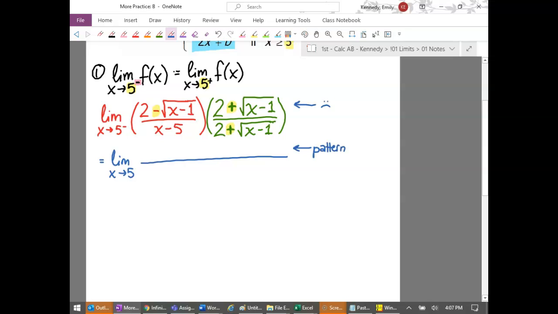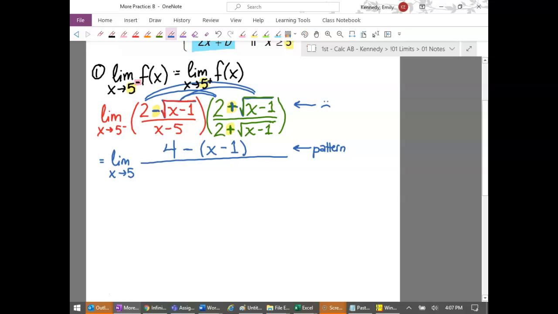But the reason we chose those different signs, one subtraction and then the other addition, is to make this pattern work. 2 times 2, pretty sure that's 4. A negative square root times a positive square root becomes a negative non-square root. And I multiply that pair. The other pairs would be positive 2 times the square root and then negative 2 times the square root.